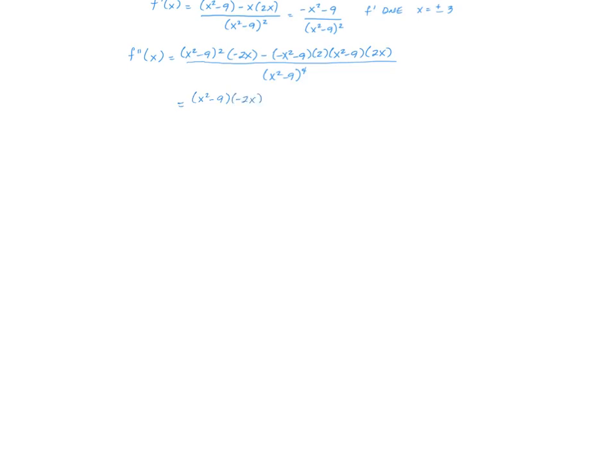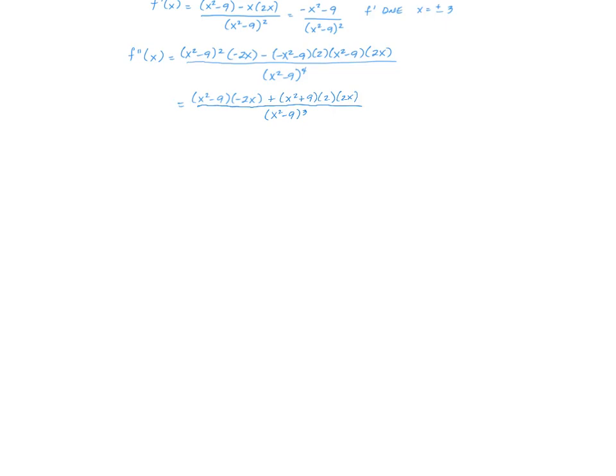And this minus negative x squared minus 9 can change into a plus. x squared plus 9 times 2. The x squared minus 9 cancels. I have a 2x. And then now I have x squared minus 9 to the 3rd power.